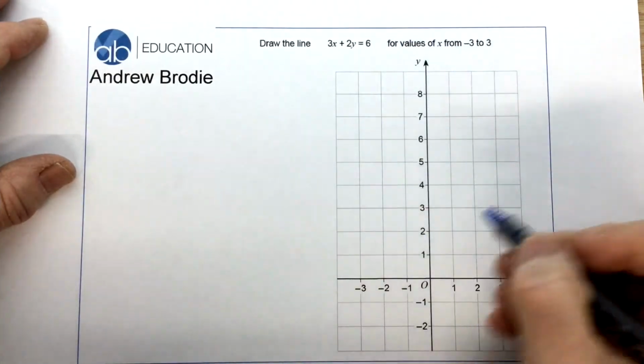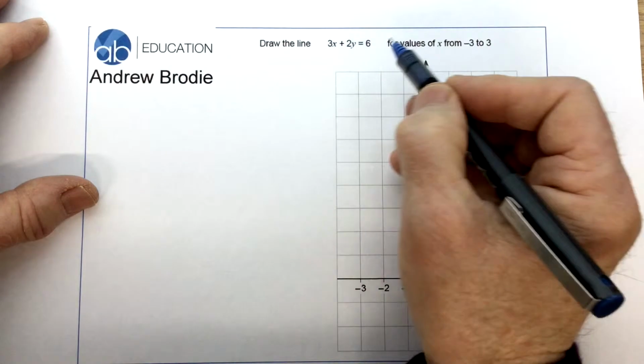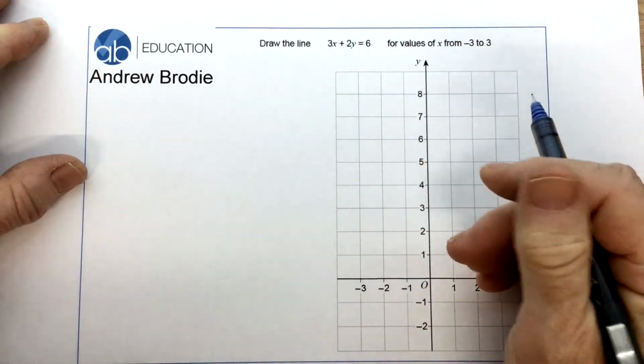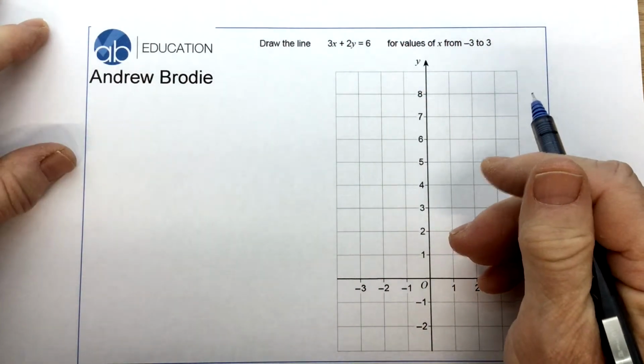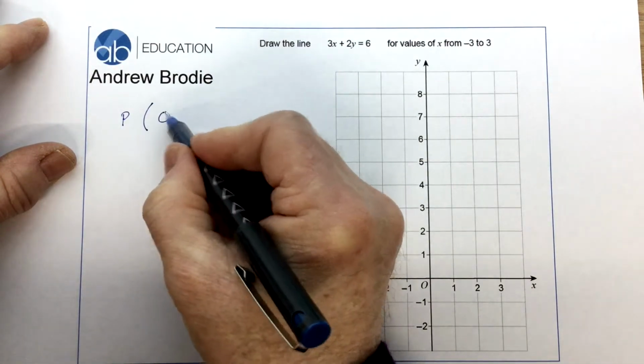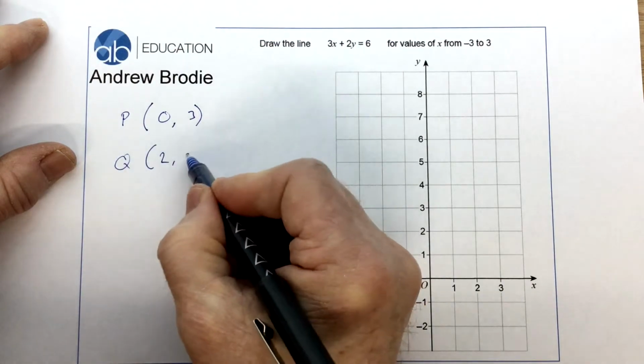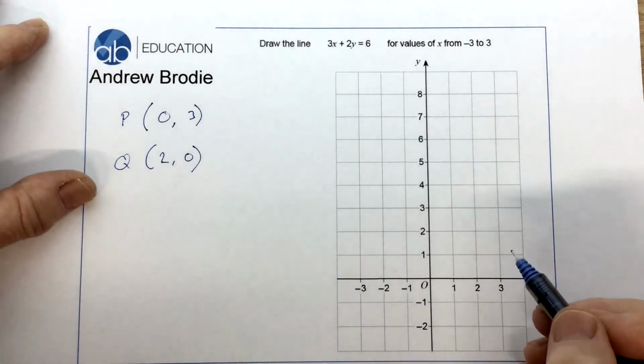Now the second part of that same question uses obviously the same line, and it wants us to draw the line. Now we only need 2 coordinates to be able to draw the line. We've already got those. We found that P was 0, 3, and that Q was 2, 0. So let's plot those.